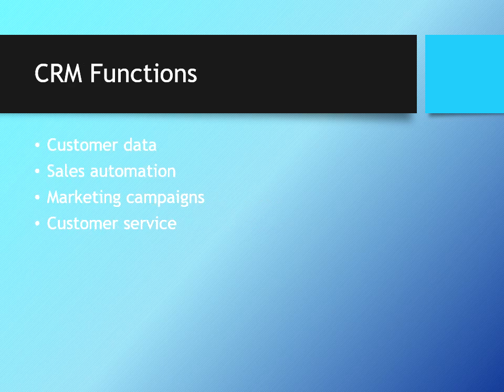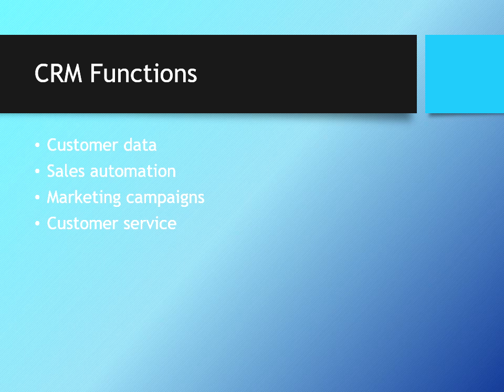The CRM functions that include customer data, sales automation, marketing campaigns, and customer service can be of different types. It can be operational CRM, which includes sales and marketing. It can be analytical CRM, which includes data analytics, or it could be collaborative CRM, which includes customer interaction channels.